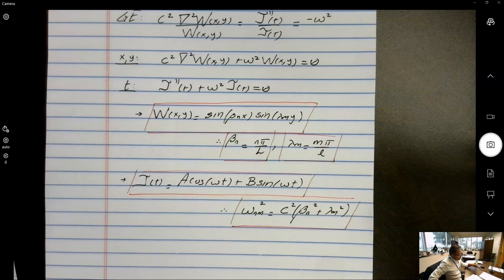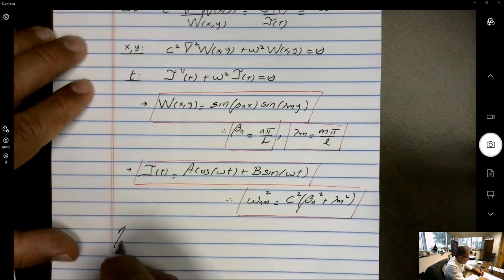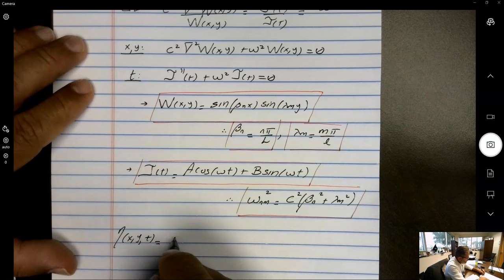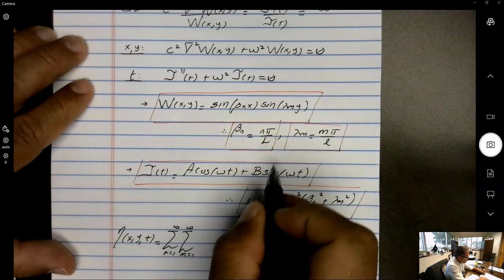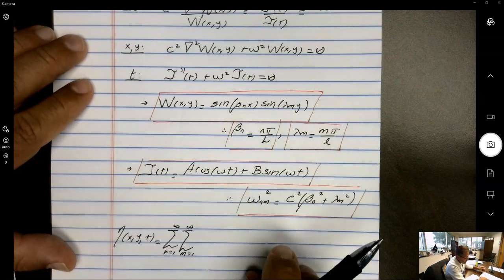All right, where then the general solution for the displacements of the membrane as a function of space and time is equal to the summation from n equal 1 to infinity. I'm starting the summation at 1 instead of at 0 because I know that the first eigenvalue is 0 and the first eigenfunction is 0, so it will go away.